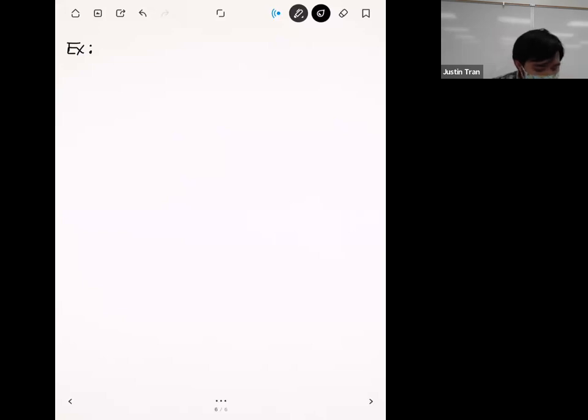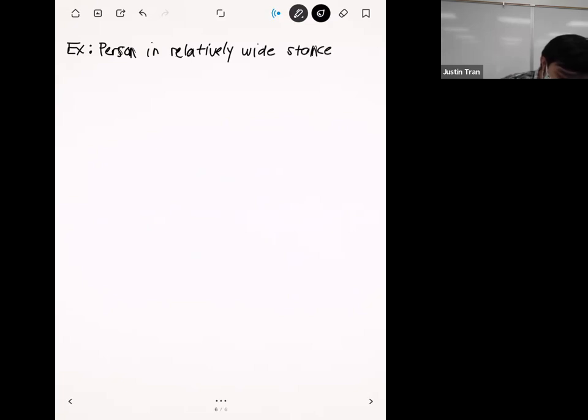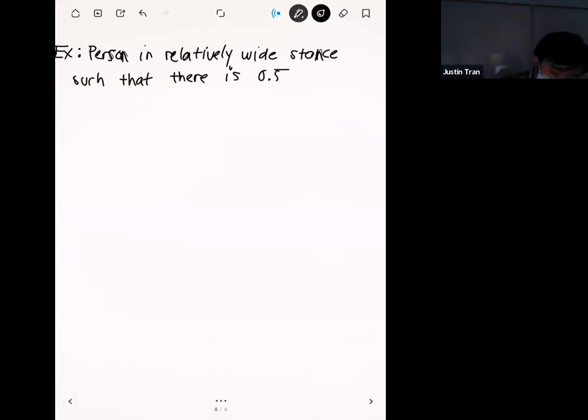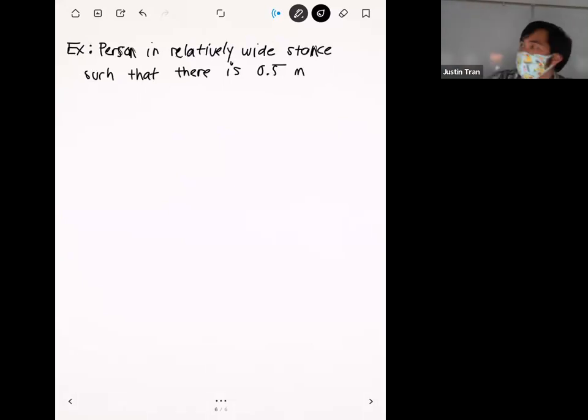All right, so let's consider a case where a person is in a relatively wide stance. His stance is wide enough such that he has about half a meter in between his two feet.